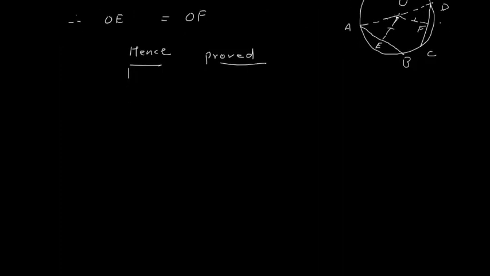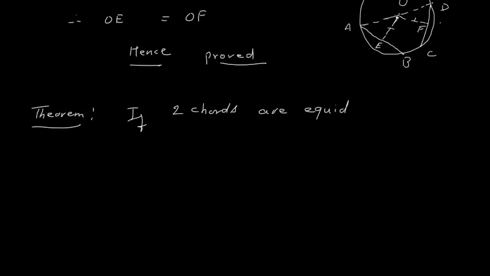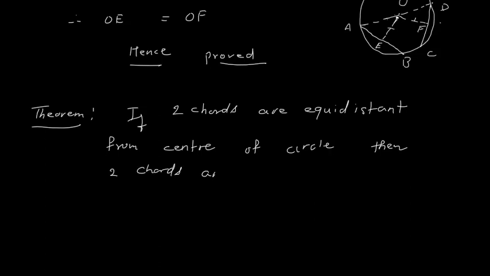So the second theorem we will define: if two chords are equidistant from the center of a circle, then the two chords are equal or congruent.